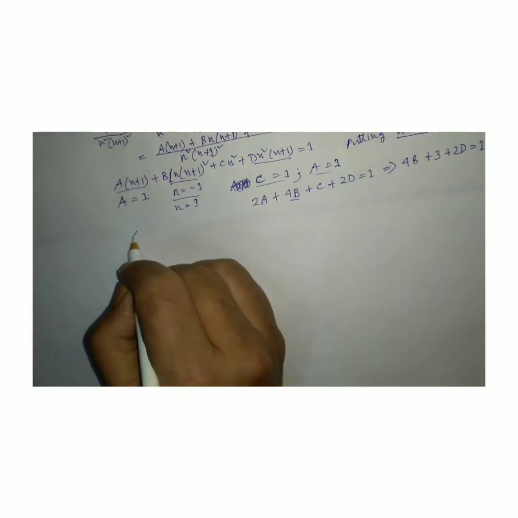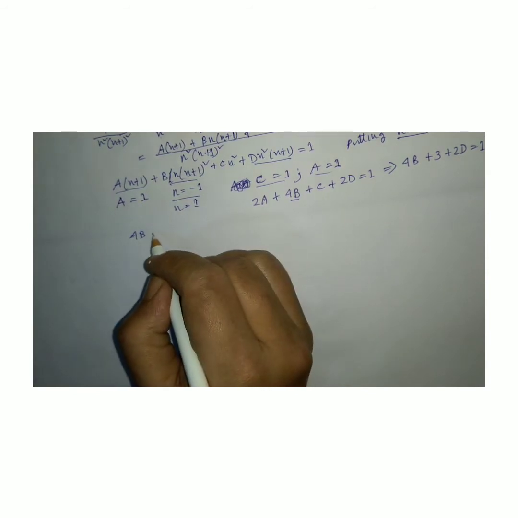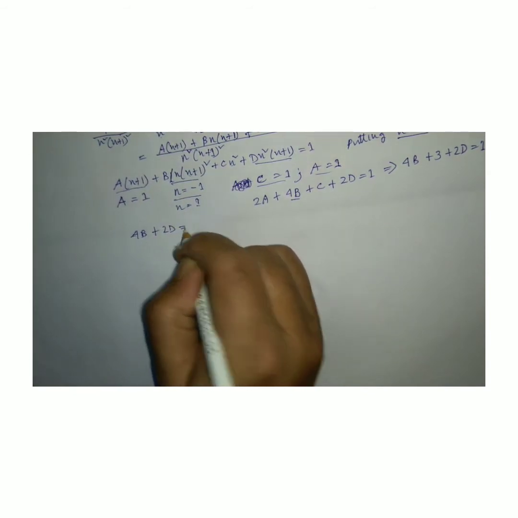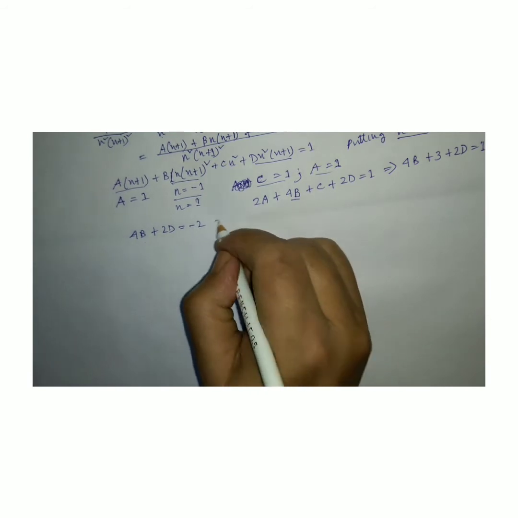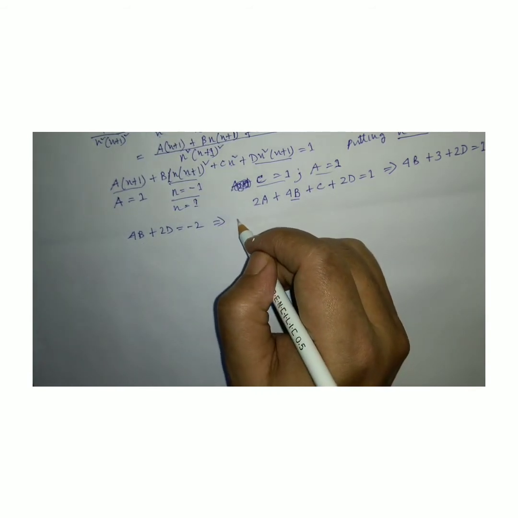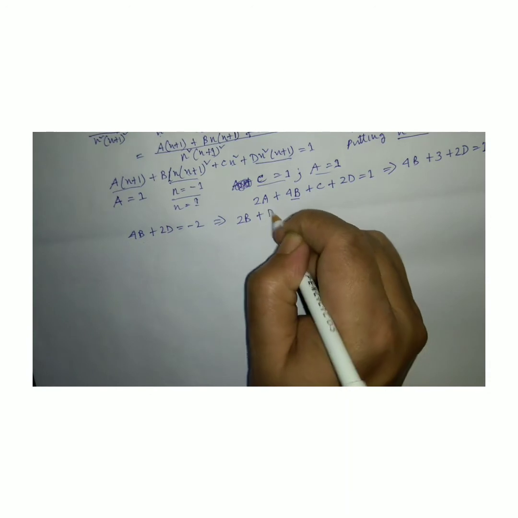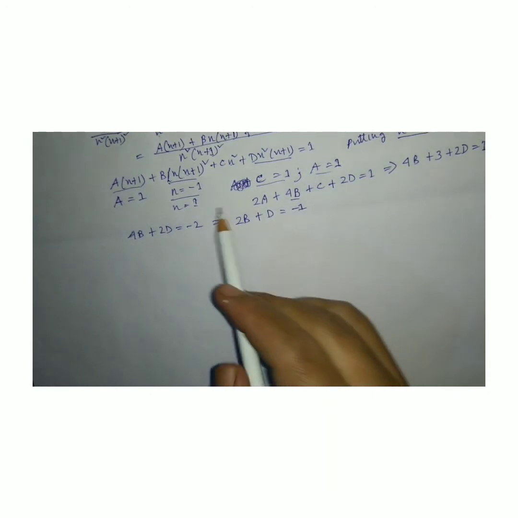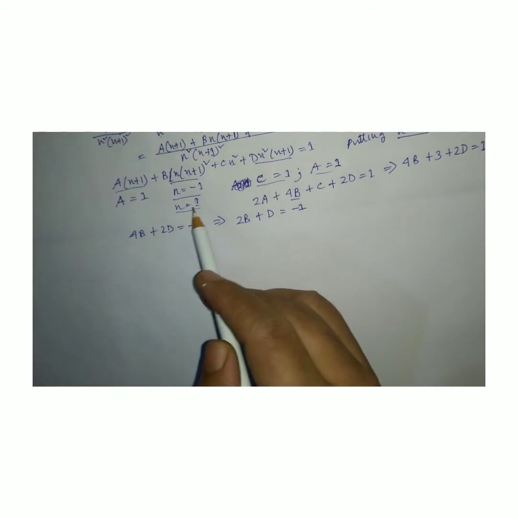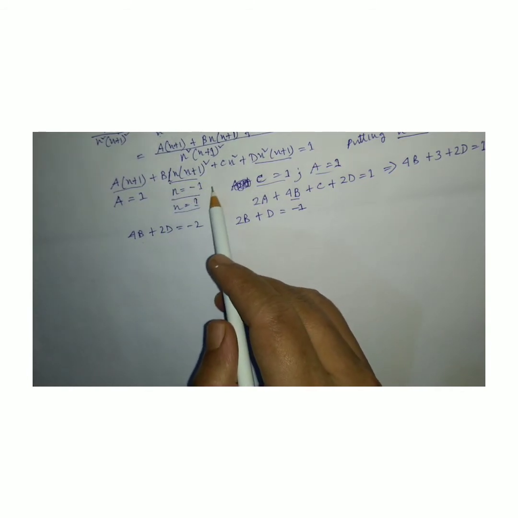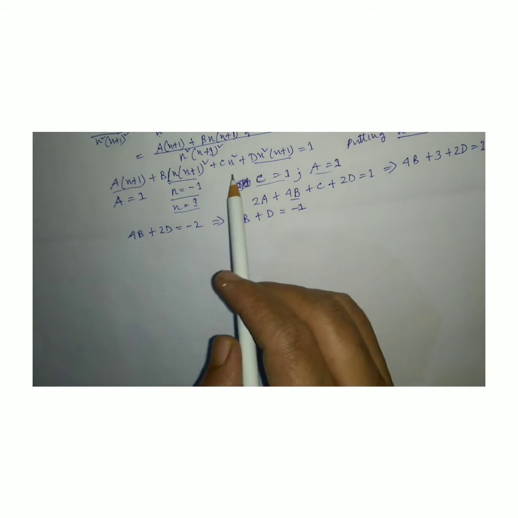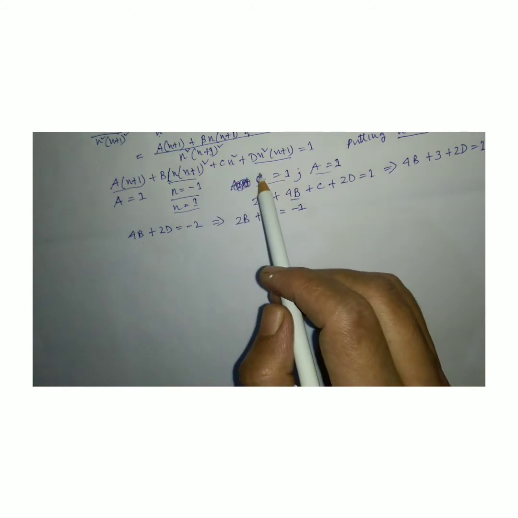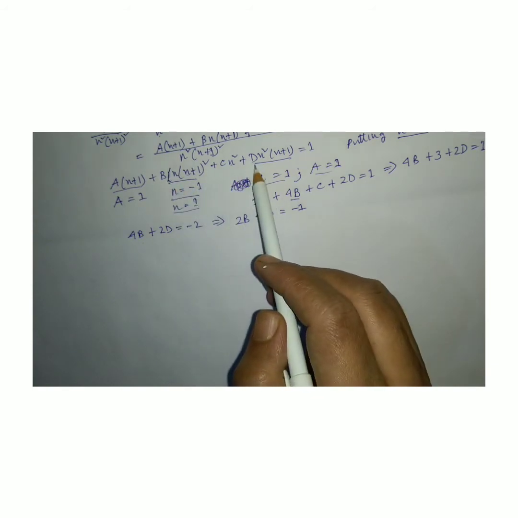So we get 4b plus 2d is equal to minus 2, and 2b plus d is equal to minus 1. Okay, when I put n equals to 1 and when n equals to minus 1. Okay, next my target is to express this in b and d form.